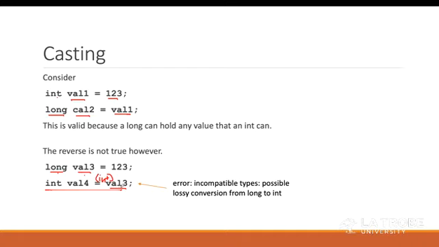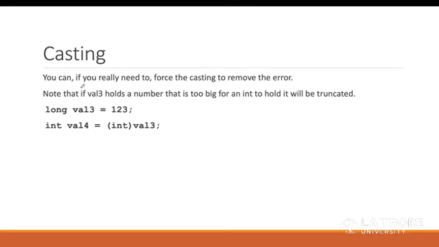So this is how you are saying, even though you have declared your value3 as a long, now you are converting it to an int. As mentioned, if you really need to cast it, you need to force the casting to remove that error, and just by doing this you can force cast it.